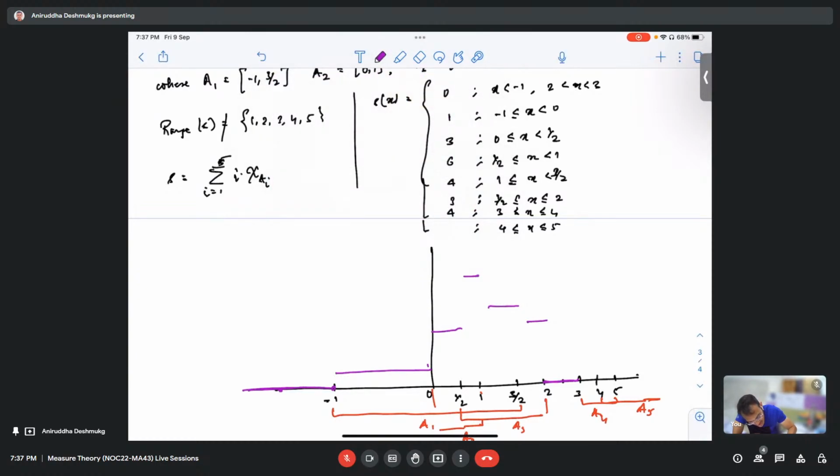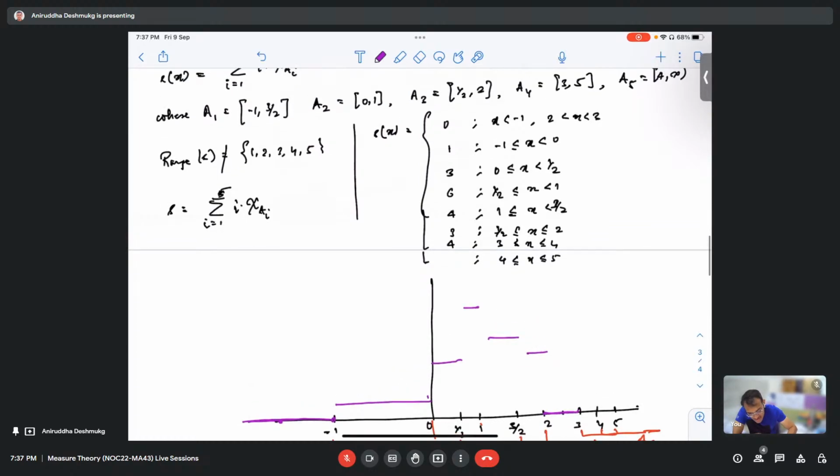What is the interval A5? A5 is 4 to plus infinity. It is unbounded on the right. So the value will be 9, right? It is 9.